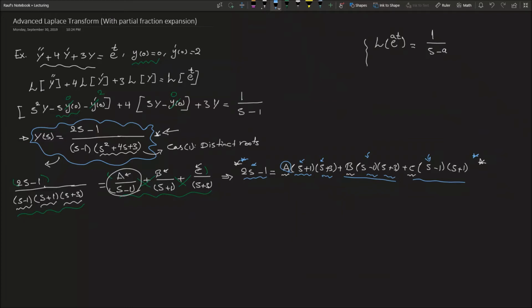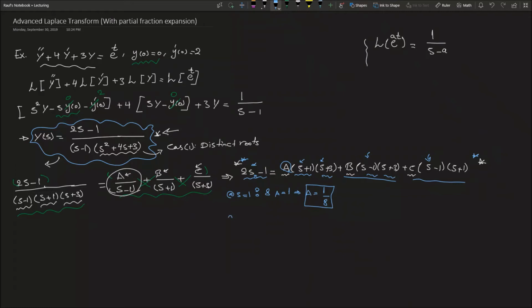What I usually do, I say at s equals 1, what will happen? Substitute each s in the equation with the value of 1 and see what happens. If you do the math, you will get 8a equals 1. So a equals 1 over 8. That's value number 1.